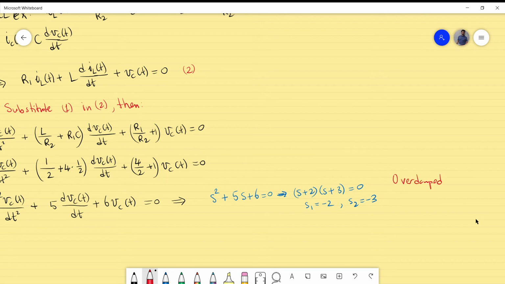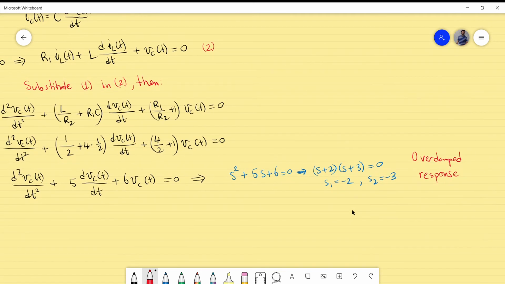Overdamped response means you have more damping compared to the critically damped. For example 1, we discussed the critically damped case, where we had two roots equal to each other, and this shows a different response which has less damping.